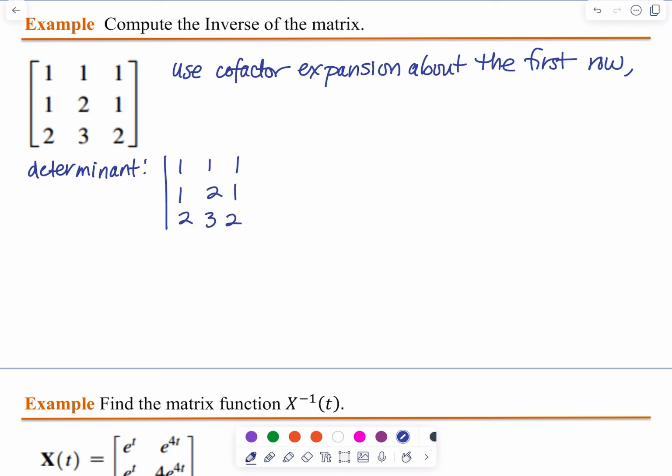But anyway, we have our cofactor expansion about this first row, and I will show you this. So we will take this determinant first, and then we will alternate with plus and minus, and now we're going to subtract this matrix.